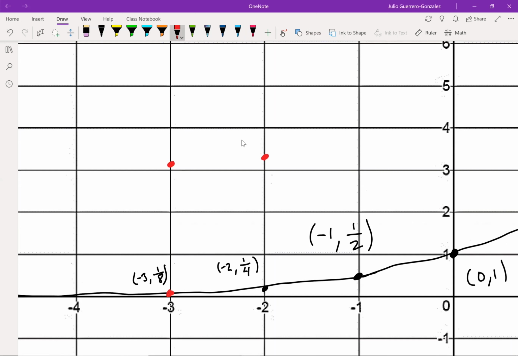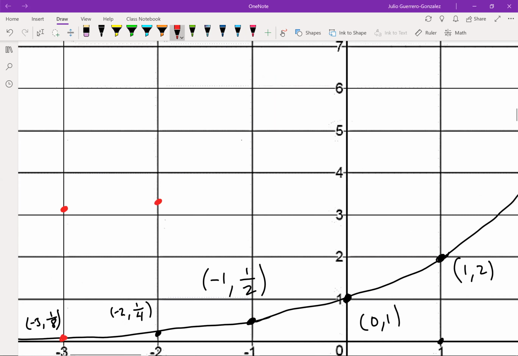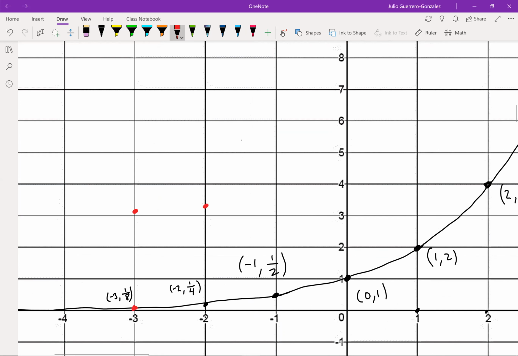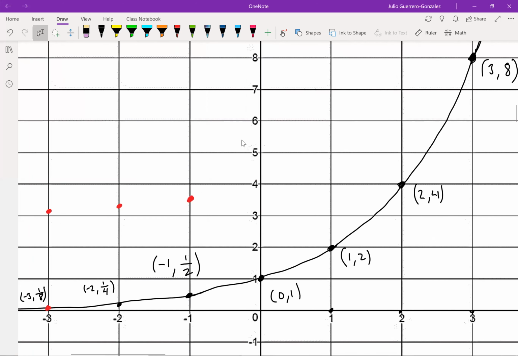I'll make the points nice and big for people to see. The next point is going to move to 3 1/2, 1, 2, 3 1/2. The next point is going to move up to 4.